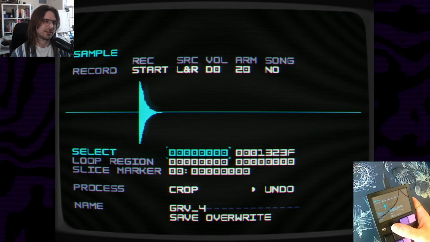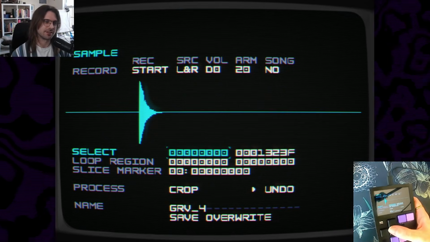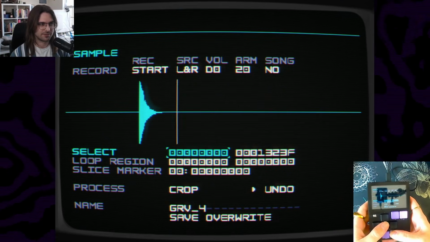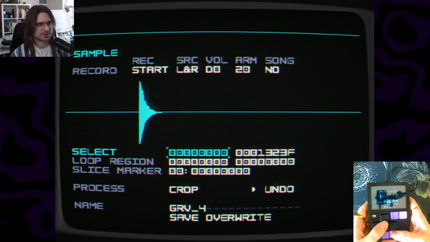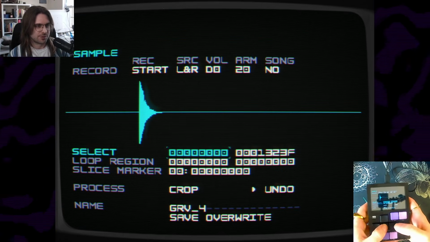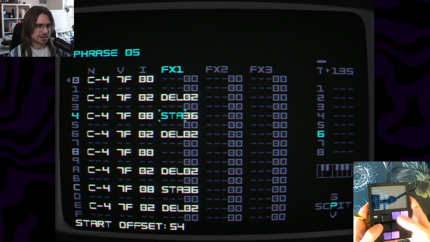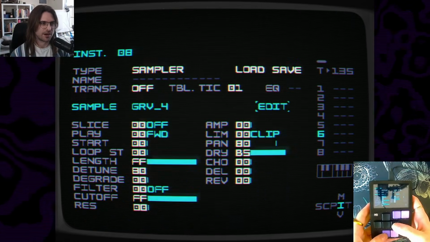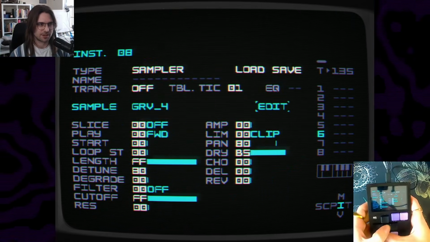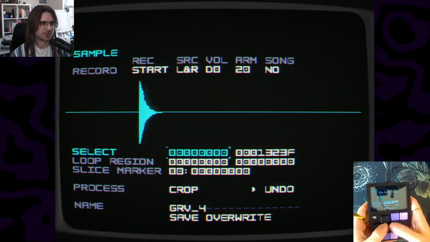So I have all of this air in front of the sample, basically, before it starts. And all I'm doing by using this STA command is changing where the start of the sample actually is.